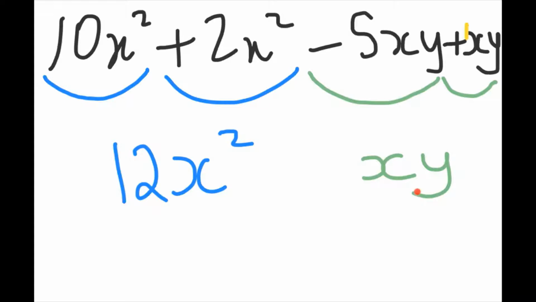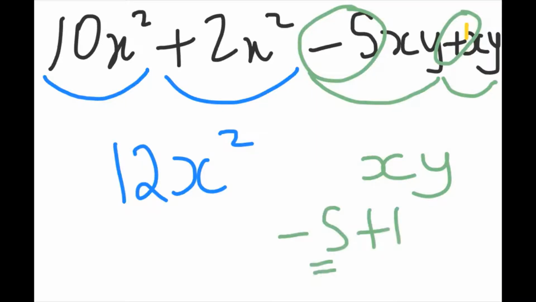So here we have the xy, and now we're going to say this here, minus 5 plus 1. So let's just write it here. Minus 5 plus 1. That answer is minus 4. So that minus 4, we're going to put over here.